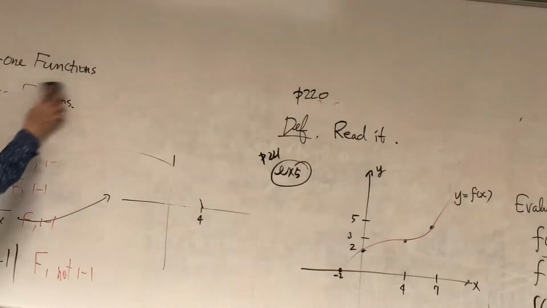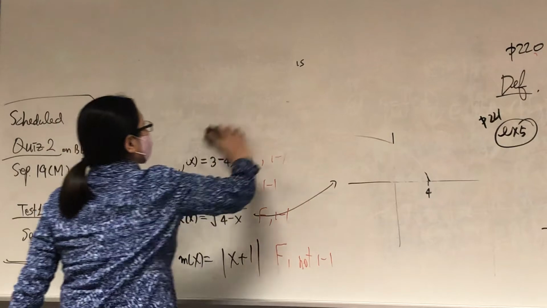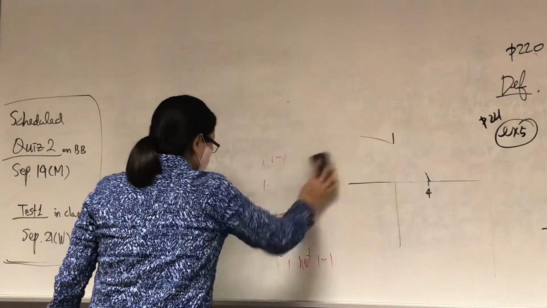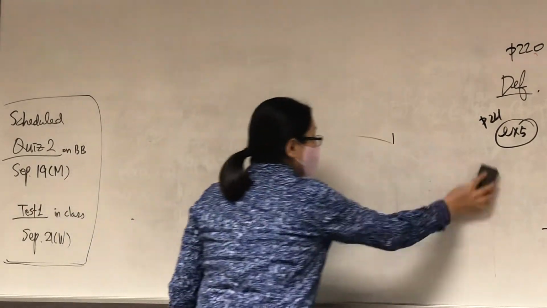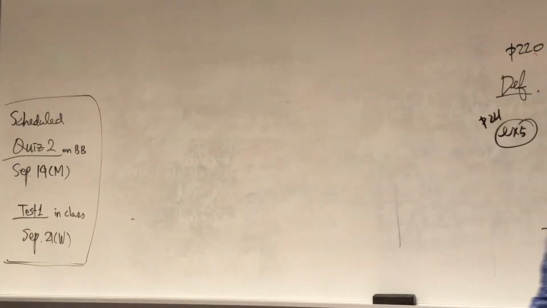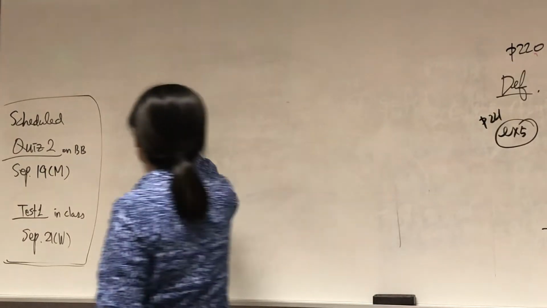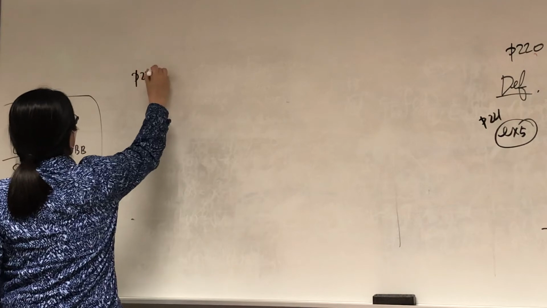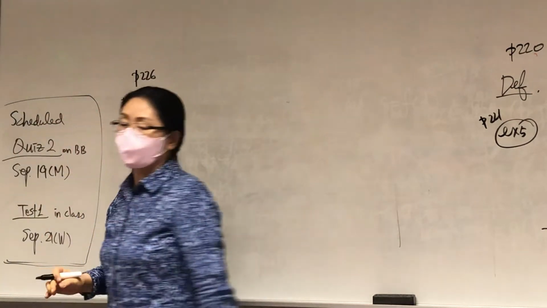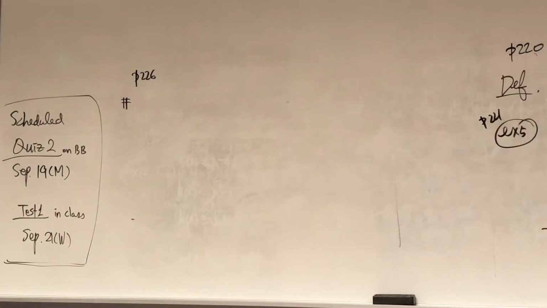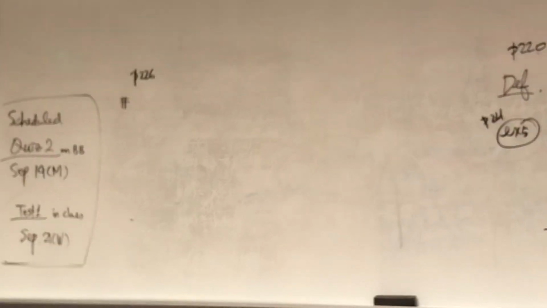Now, let's go back to the exercise. Same page, 226. Number 31 through 36.